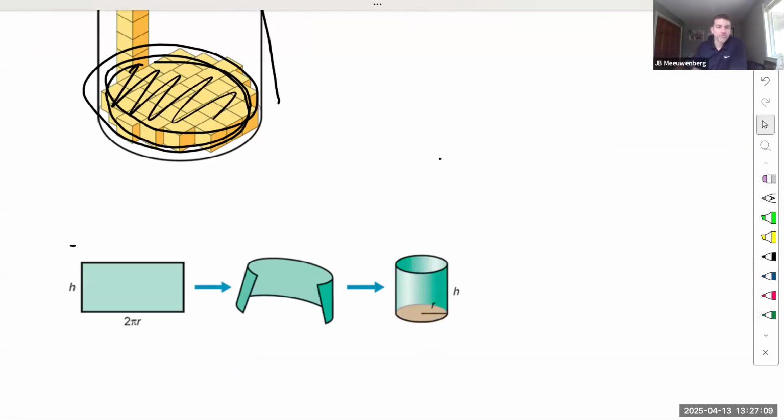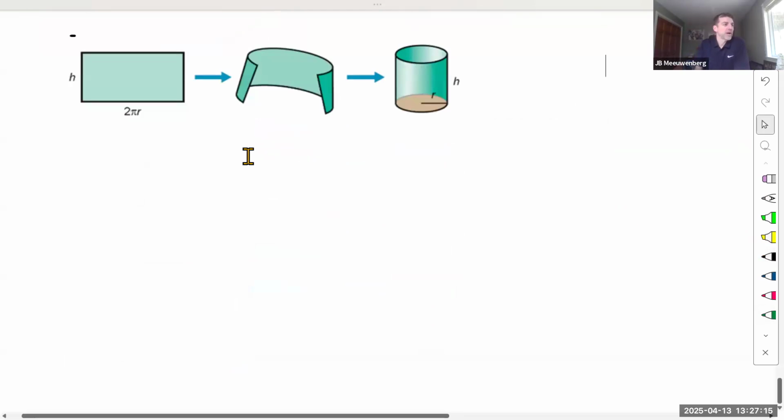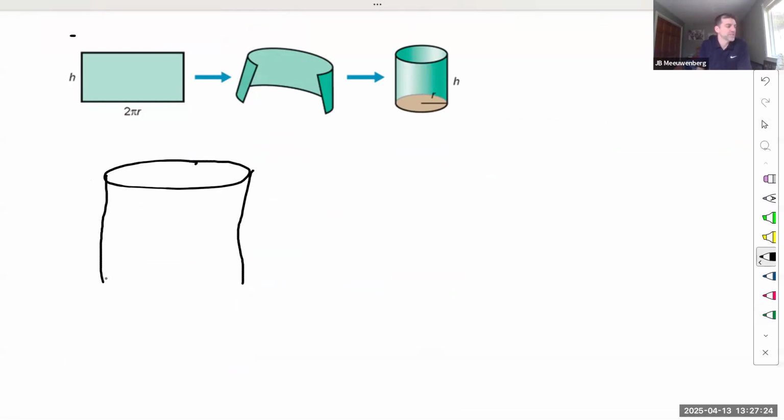And so if we want to calculate the surface area of a cylinder, I'm going to sketch a cylinder like this as best I can. Again, what we need to know is the circumference of the circle and the height.